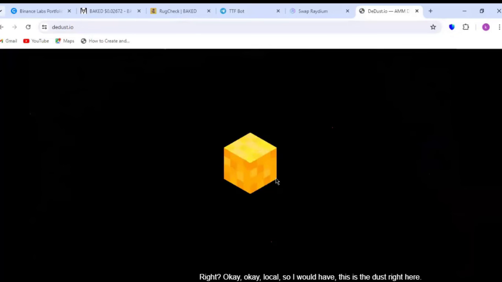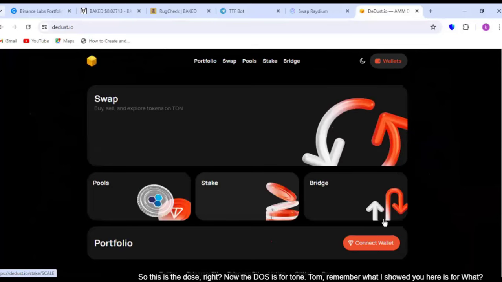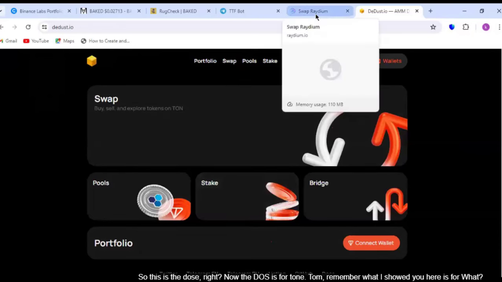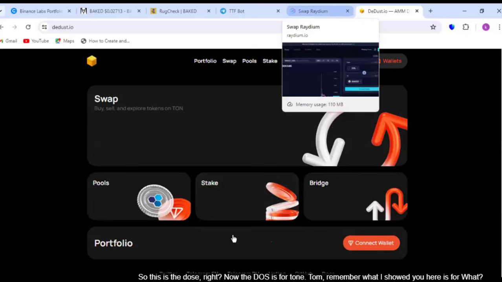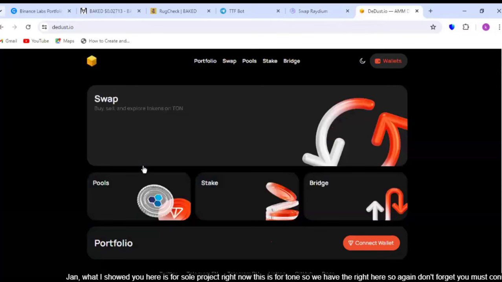So this is DeDust right here. Now DeDust is for Ton. Remember what I showed you here is for what? Solana. Do you understand? What I showed you here is for Sol projects, right? Now this is for Ton. So we have DeDust right here.